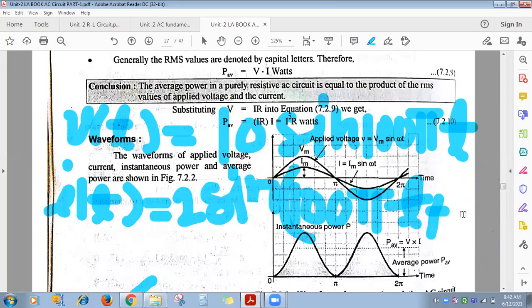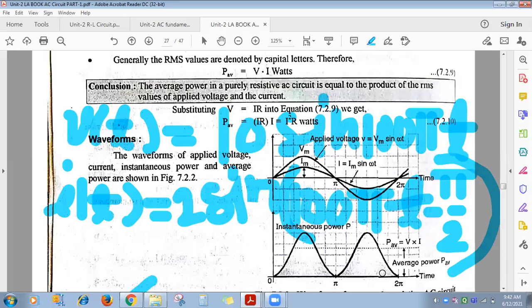Similarly, if I put here minus pi by 2, then inductive circuit. Correct, minus pi by 2 means it's an inductive circuit because current lags voltage by 90 degrees. Whatever questions for purely resistive, I ask you phase difference, power factor, power consumed, impedance, the same questions on purely inductive circuit.